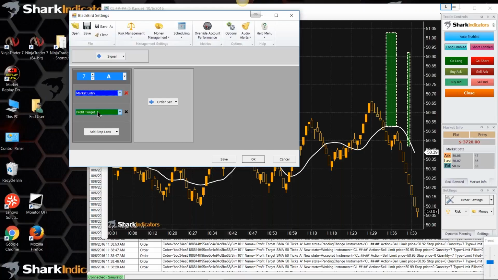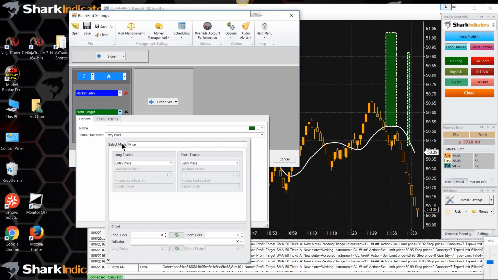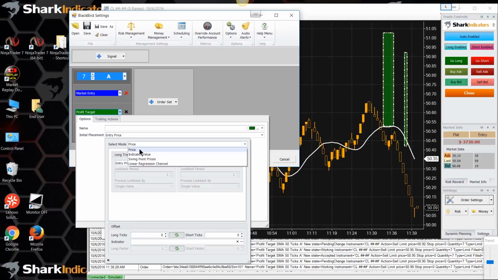Let's go back into custom here. So let's take a look. I'll just recap the various options that we can use here. Price. If you want, you could set your profit target based on price, prices of bars, bar prices, basically price.